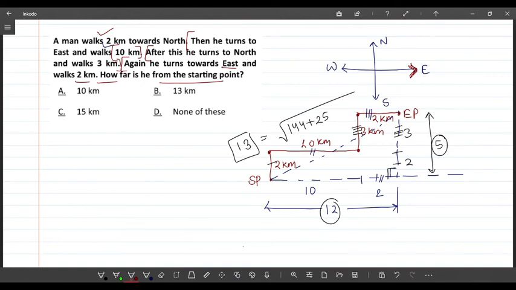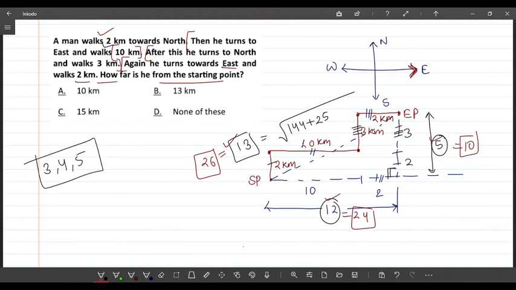You will always find that 5 and 12 will give 13, and they exist in the form of their multiples as well. Had it been 10 and 24, then unhesitantly you could have said it would be 26. Some of the standard Pythagorean triplets are, for example, 3, 4, 5. This also exists in its multiples form.